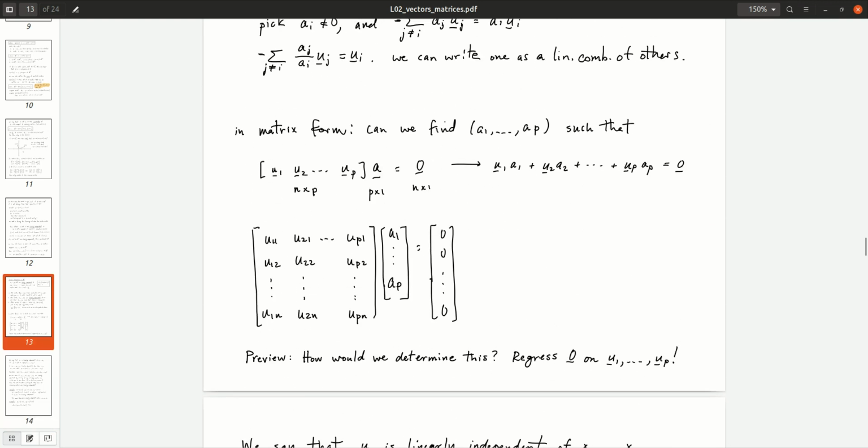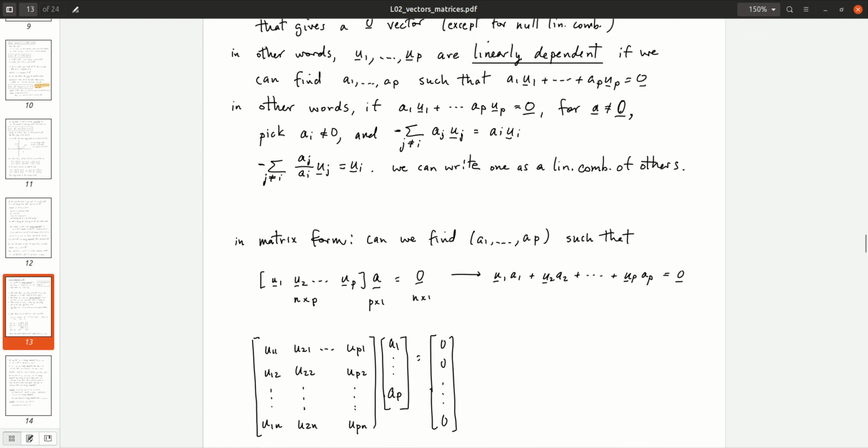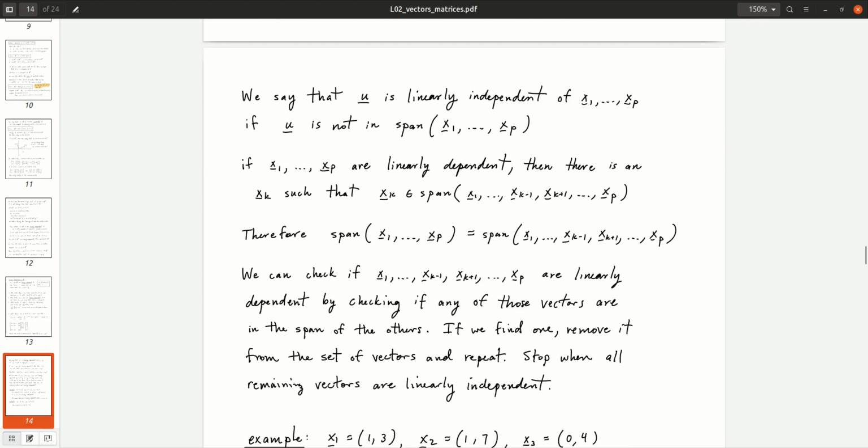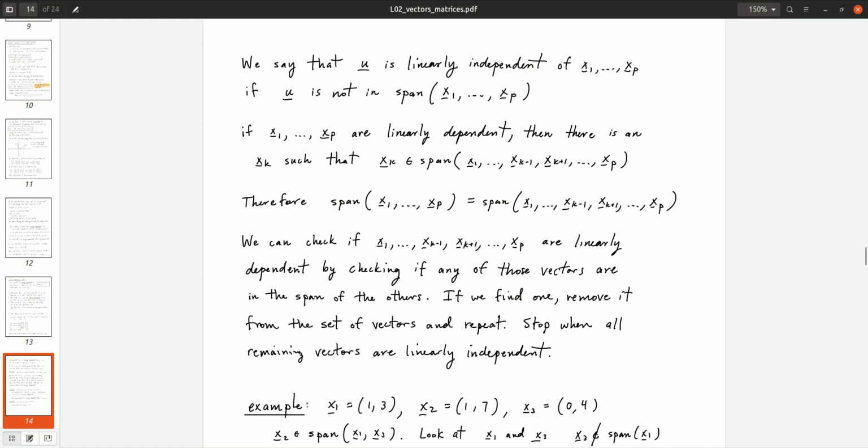So this is just like our little heuristic definition we gave here, that U1 to UP are linearly dependent if we can take out one of the UIs and write it as a linear combination of the remaining UJs. Okay, so that's just another way of saying this next statement here.